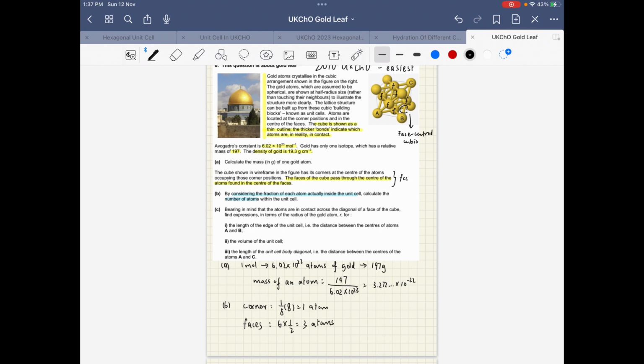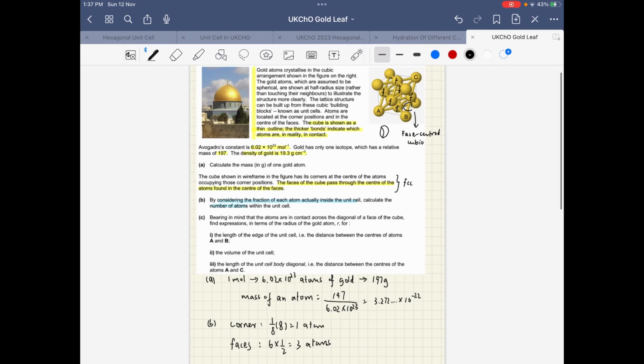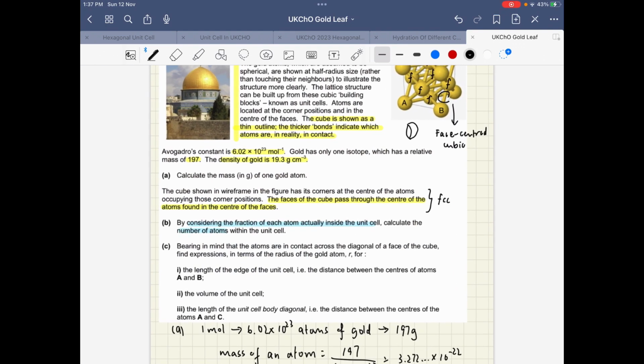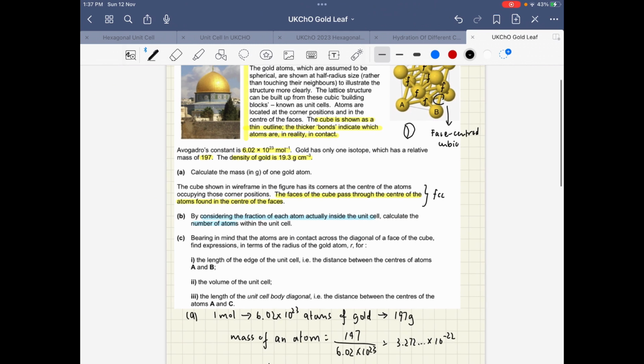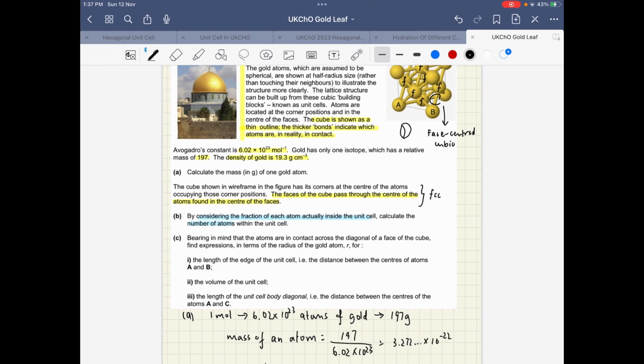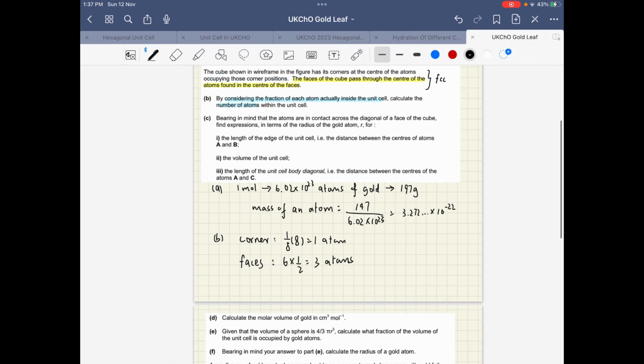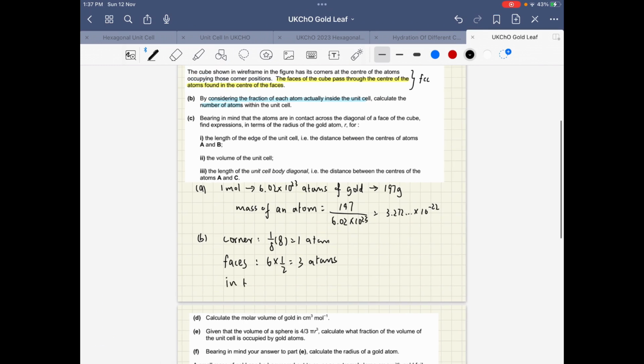The fraction of atom at the faces is half, because if you join another unit cell next to it, you will be able to form a complete atom. So each of these faces only occupies half of the actual atom. In total, I have 4 atoms.